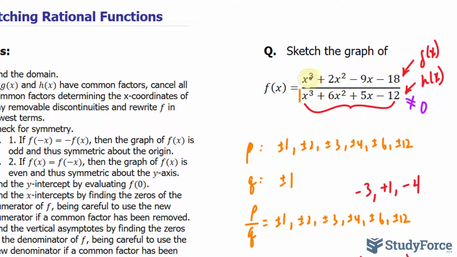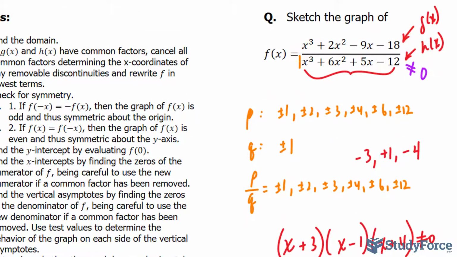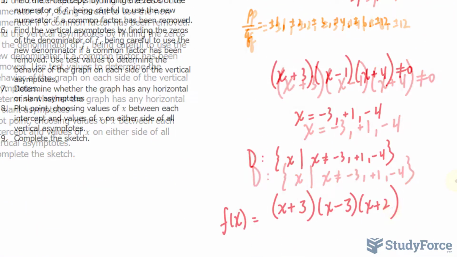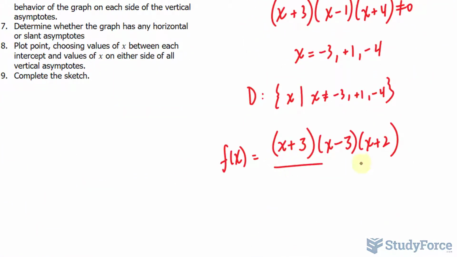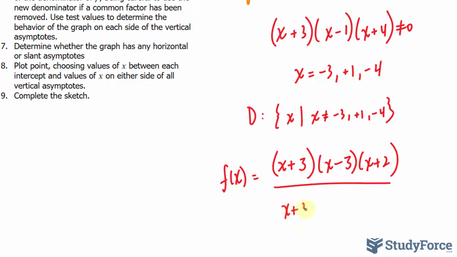So we have to factor this, and rather than showing you all the steps again of factoring this polynomial this time, I'll just tell you what it is. G of x in factored form, take a good look at it, should look like this. And of course, the denominator we found earlier to be what was written above there. So x plus 3, x minus 1, and x plus 4.